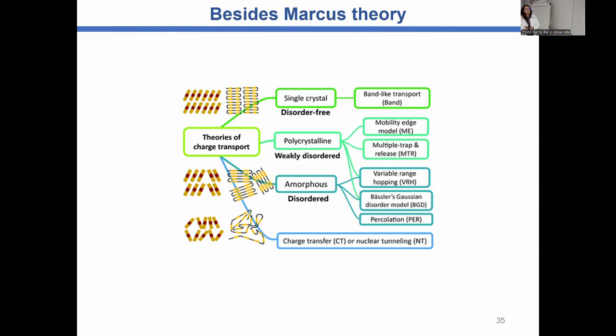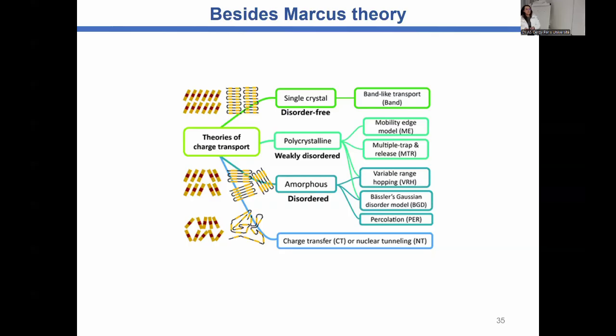We have the polycrystalline, which means that we can have both acting in the same material as region with regular crystals or region with amorphous, but the disorder are very weak. So we have the mobility edge model, the multi-trap and release model, and also the models that could be applied is variable range hopping because of the polycrystalline structure, and also the Bässler Gaussian disorder model.